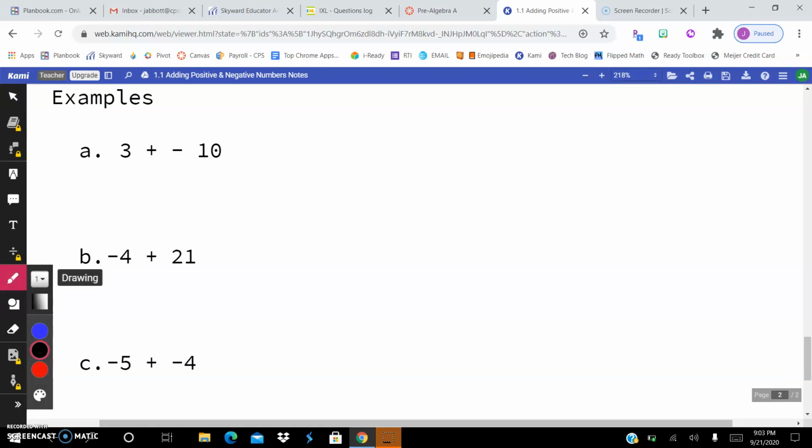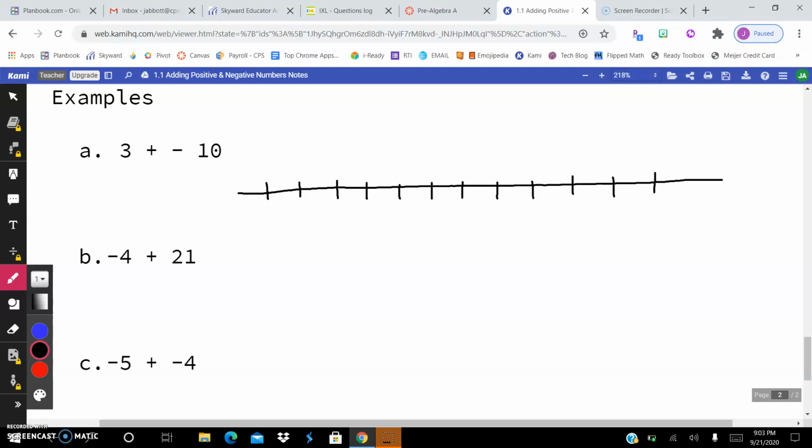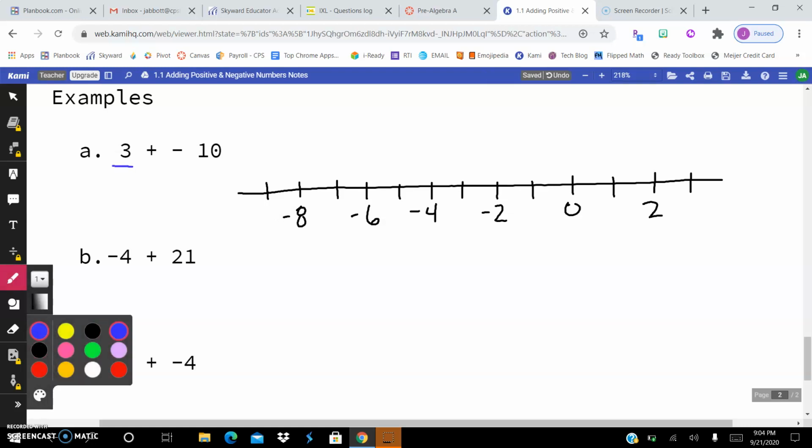3 plus -10. So if I'm going to use a number line, I'm going to put 0 right here. That's 2. That would be -2, -4. So I'm going to label every other one. I'm not going to try to squeeze them all in there. So our first number listed is +3.